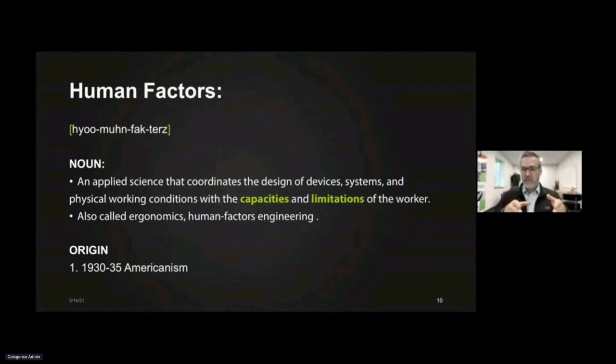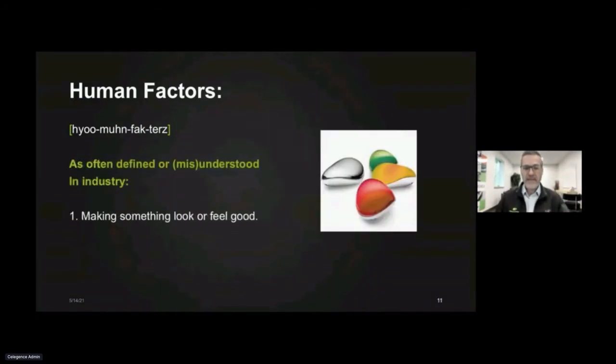And those are the two important key terms right there: capabilities or capacities, and limitations of our user. That's what human factors engineering looks at and addresses. And of course, we want to mitigate any risk or errors or misuse that might lead to marketplace disadvantage based on those capacities and limitations. Now, there's a lot of misunderstanding about human factors when people talk about it.